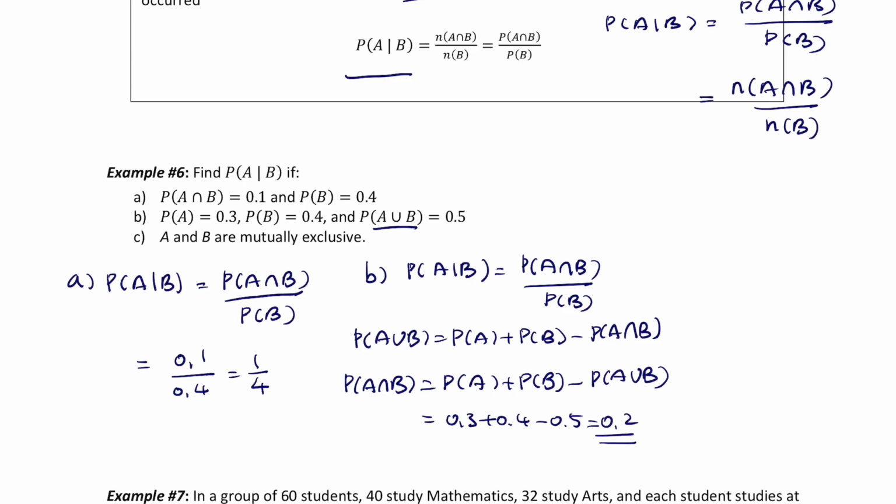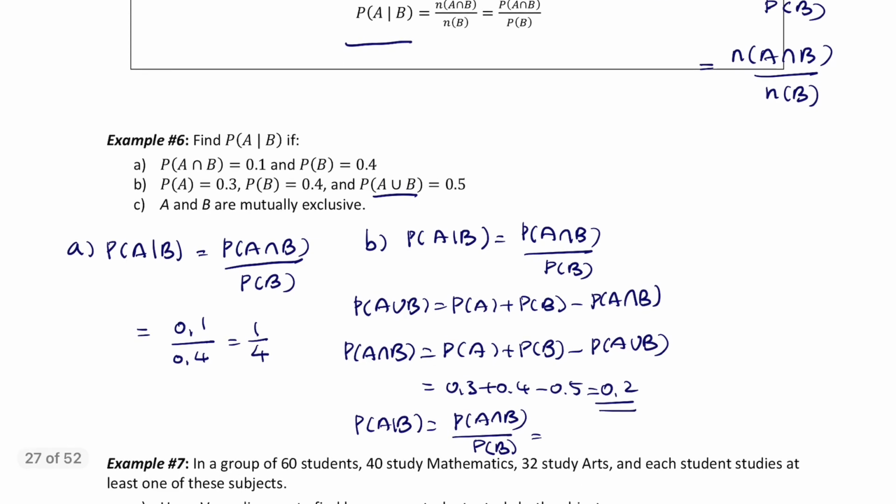Then we can say that PA bar B is the same as PA intersect B over PB, and we know that P A intersect B is 0.2 over PB, which is 0.4. So this is equal to 1 over 2. So we have found our answer.